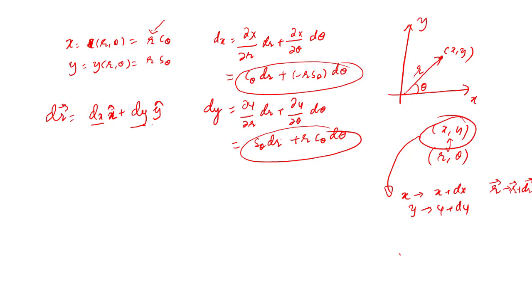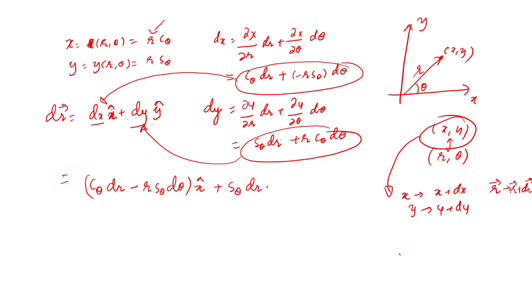So let's plug them in. I'm going to plug in this for dx and this for dy. So then I would have cosine theta dr minus r sine theta d theta along x, and I'll have plus sine theta dr plus r cosine theta d theta along y.